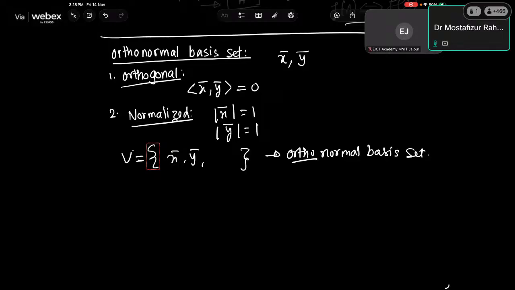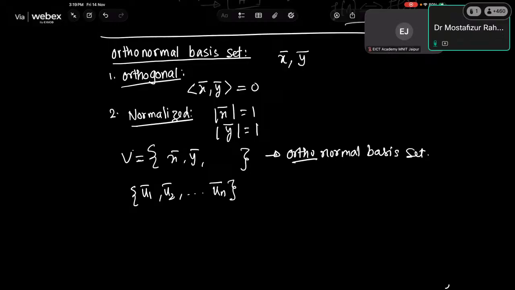Now let's take some examples, and then we'll see why it is so important, not only in quantum computing but also in chemistry and other fields. So first, for a set of vectors, instead of x and y, let's take u1, u2, these all are vectors, up to un.